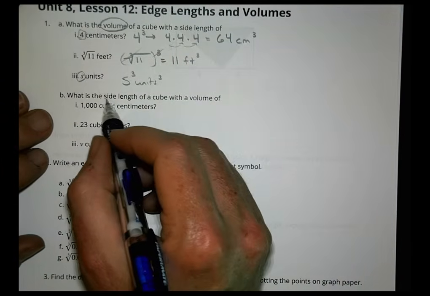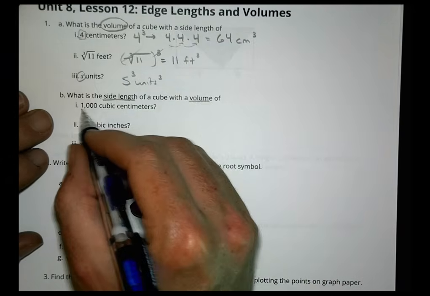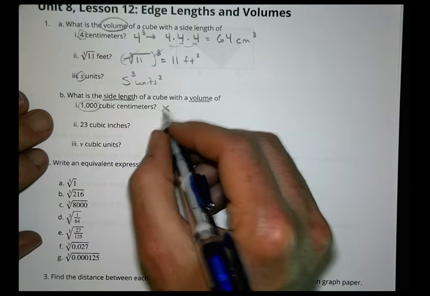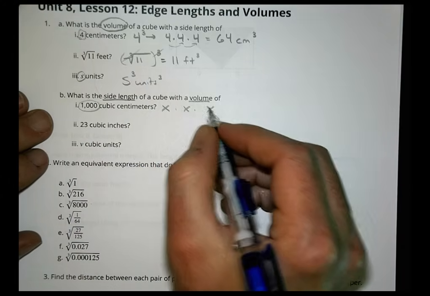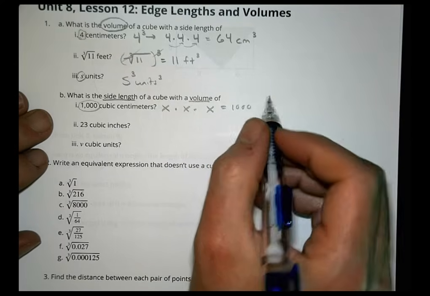Now for B, we're going to go the opposite direction. Here, we're going to find out what the side length is when they give you the volume. So the volume here is 1,000. So we need to ask ourselves what number, x times x times x, can you multiply together to get to 1,000? Okay?